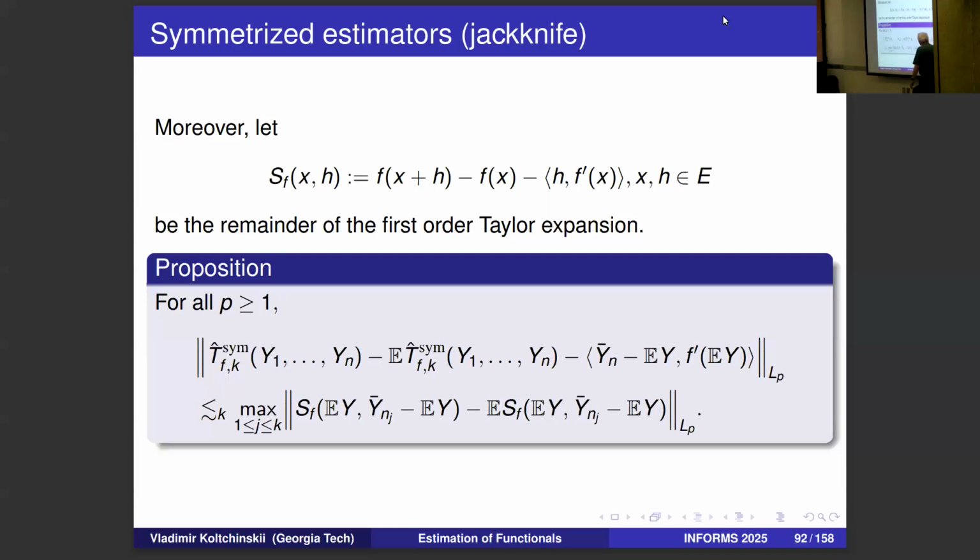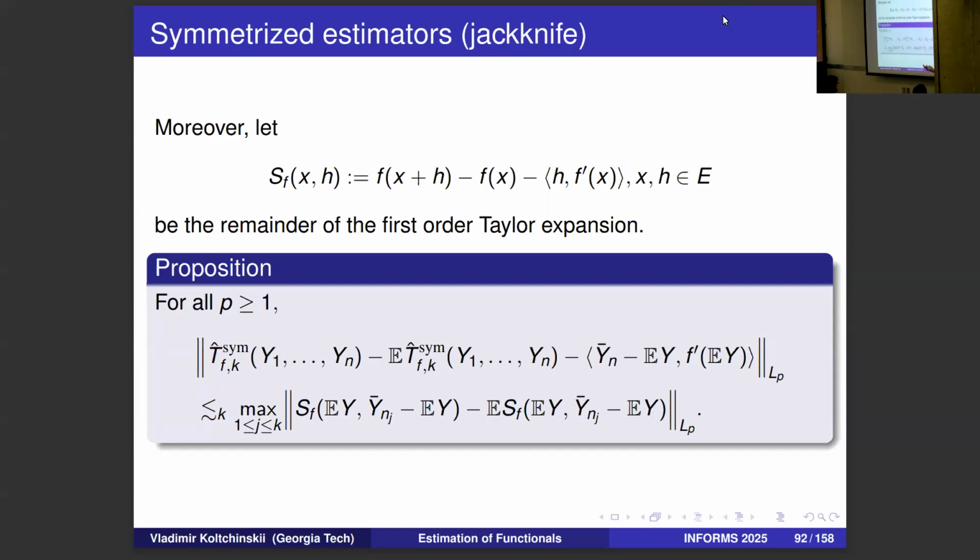So here, as you see, we upper bound this approximation of this difference by the sum of independent random variables. We bound it in terms of concentration of the remainders of Taylor expansion, okay? And as you saw in other examples, the remainders of Taylor expansion will concentrate better than the plug-in estimators themselves.